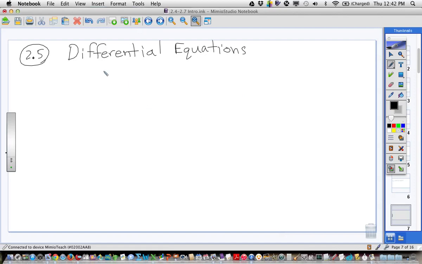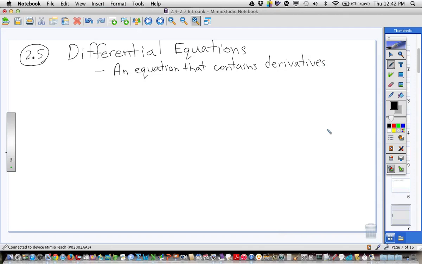Well, what's a differential equation? Well, first of all, it's an equation that contains a derivative. Right? I mean, what's an equation? What's it take for something to be an equation? It's got to equal something.